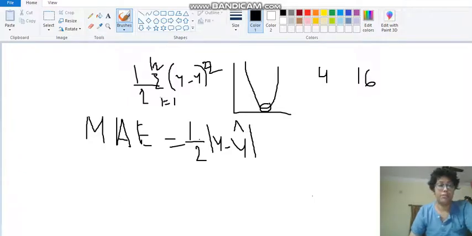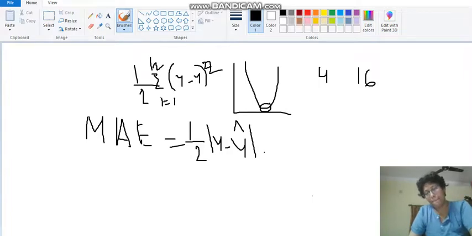In case of the cost function, it is half the summation for i equal to 1 to n of y minus y hat. When an outlier comes into the picture, mean absolute error handles the outlier because it does not penalize the error.